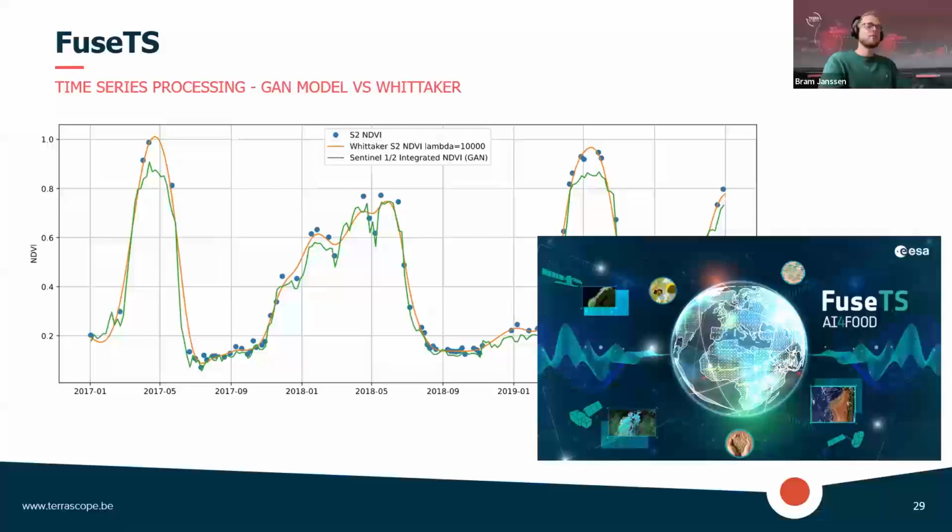And we also have services or use cases that focus on optimizing the temporal consistency of your time series by, for example, fusing Sentinel-1 and Sentinel-2 data to gap fill all of the clouds. QCS is an example of this, where we integrated the Whittaker service into openEO, but also GAN-based models, for example, MOGPR, where data is fused and gap filling is being applied.